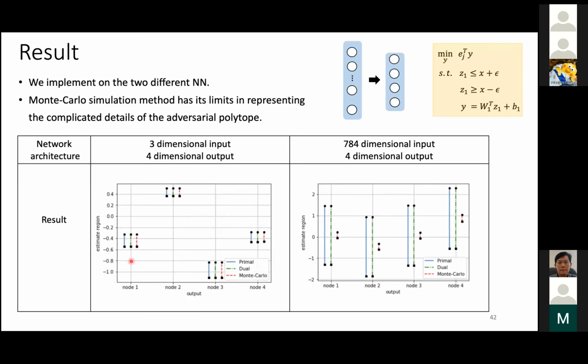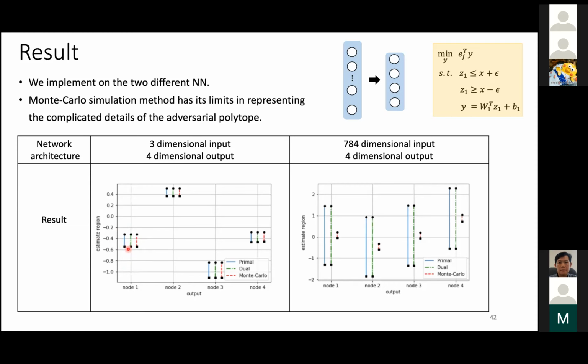And in each node, we can see that there are 3 lines here, and each line has 2 endpoints, and the upper endpoint means the upper bound found by this method, and the lower endpoint means the lower bound found by this method.